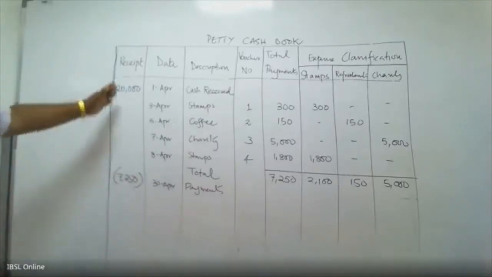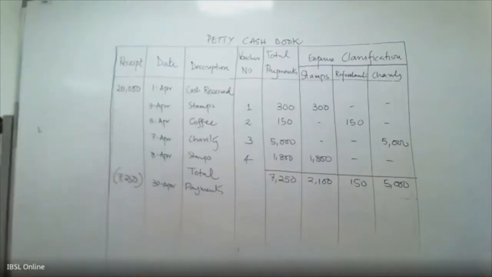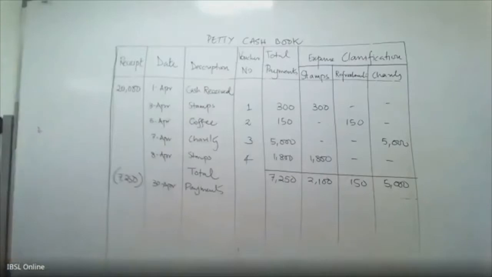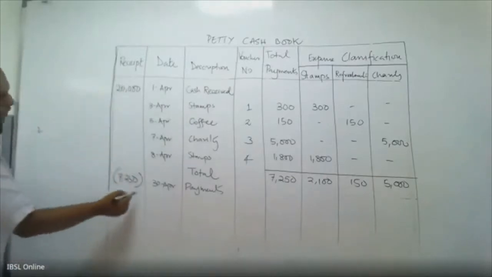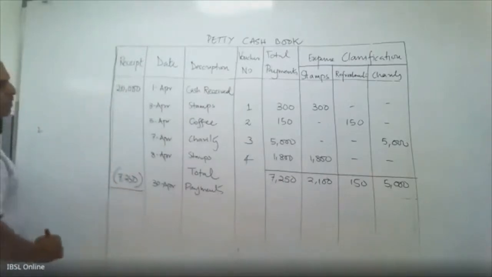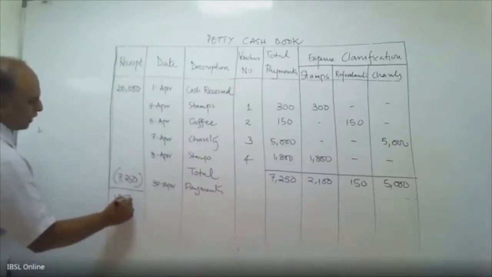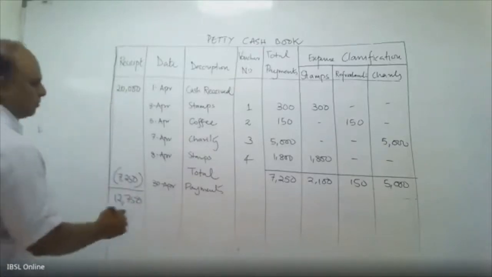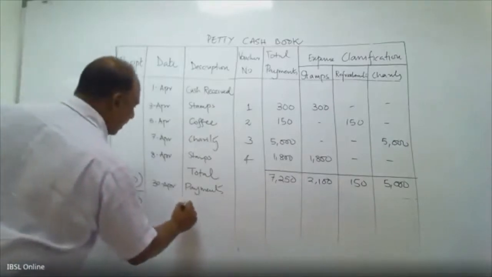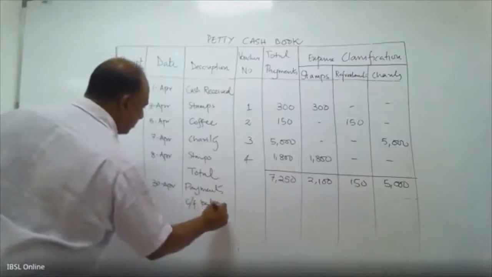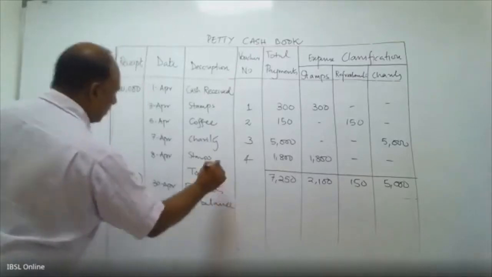Sorry about it. If you had told me, I could have shifted this that side. So this 7,250 deducted means now you will have 12,750 as your cash. That is the carried forward balance.